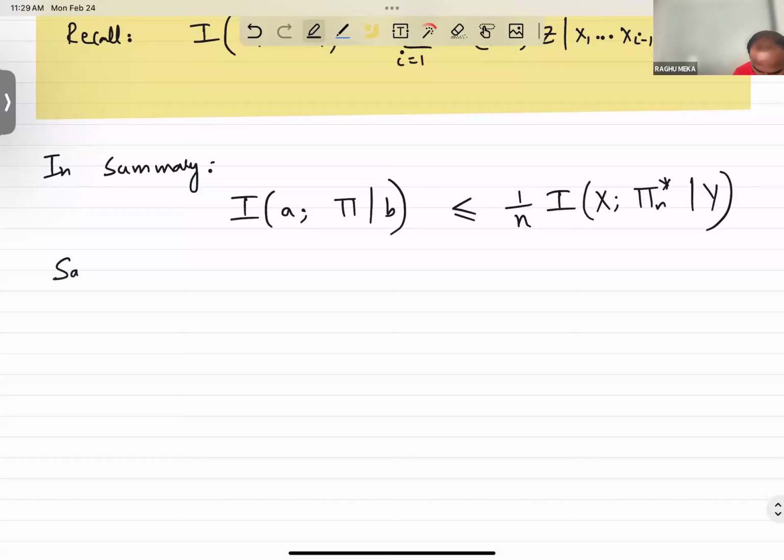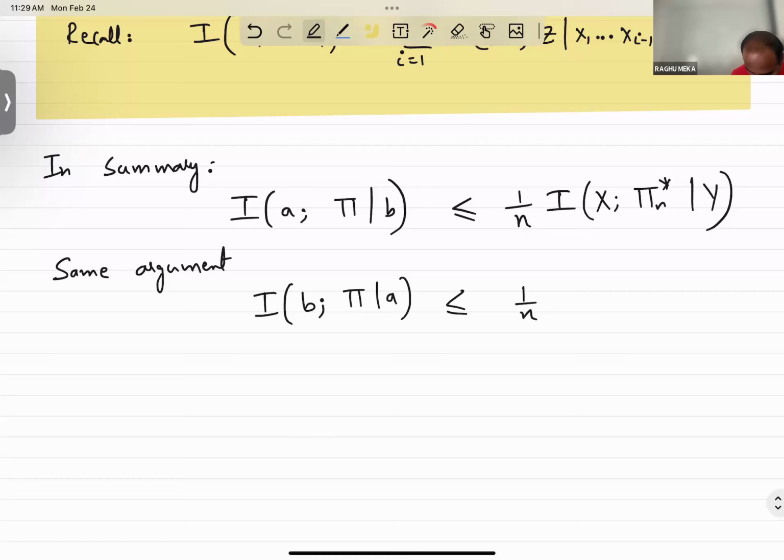And the same argument, just with X and Y and with Alice and Bob's names interchanged, will give you the other term.